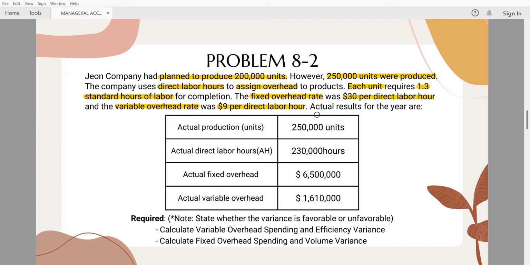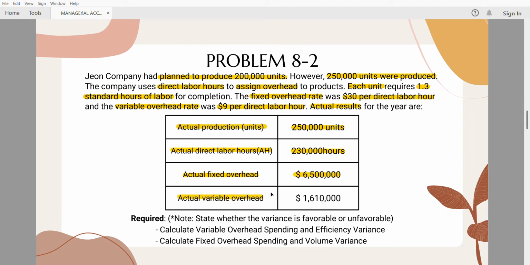Okay, and the actual results for the year: actual production is 250,000 units, stated here as well. Actual direct labor hours, 230,000 hours. Actual fixed overhead, 6,500,000.